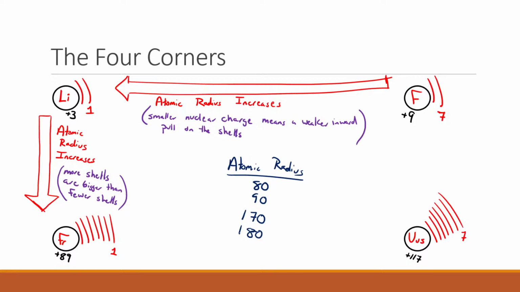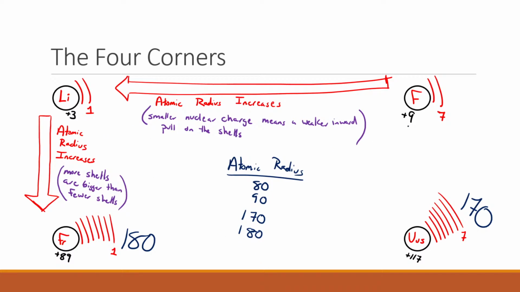So we know that the 170 and the 180 are going to be applied down here to francium and ununseptium. Of those two, we know that francium is the bigger one, using this nuclear charge piece. So the 180 is going to be applied to the francium, and the 170 is going to be applied to the ununseptium.